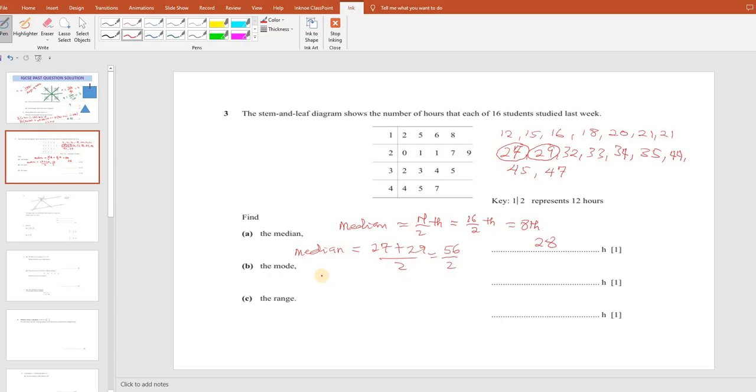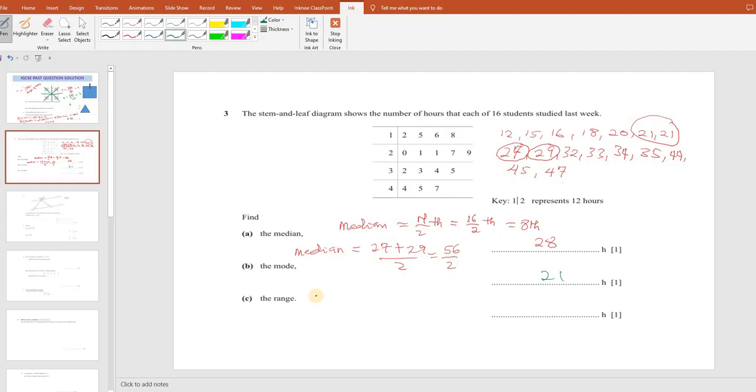Then the mode is the most occurring number, and the most occurring number in this data is 21. So the answer is going to be 21.